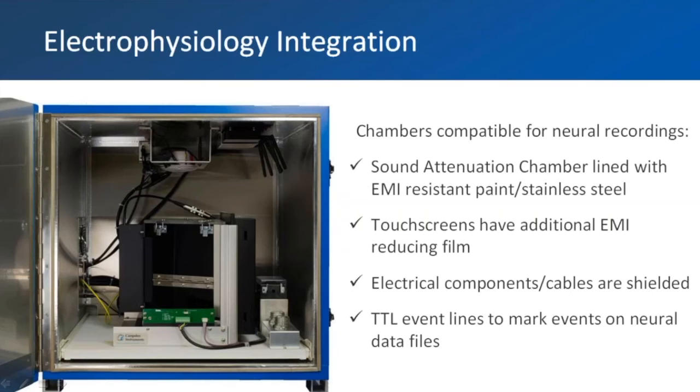Also, the electrical components from the pump or pellet dispenser motor to any other cabling have been additionally shielded and grounded to, again, reduce further emissions from inside the touchscreen. And as mentioned previously, TTL lines to send event markers to the acquisition system to mark events in your neural file are provided as well. So we have a picture of one of those chambers here mounted to the left.